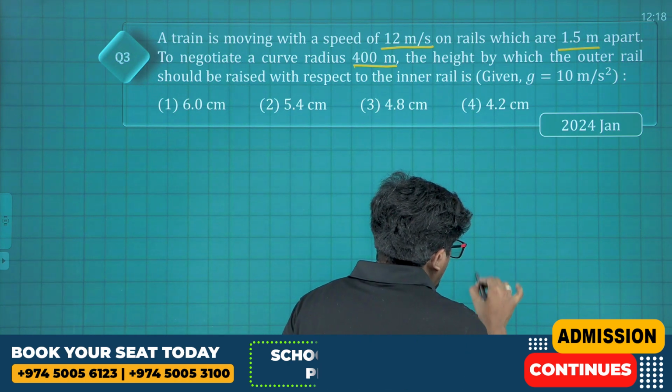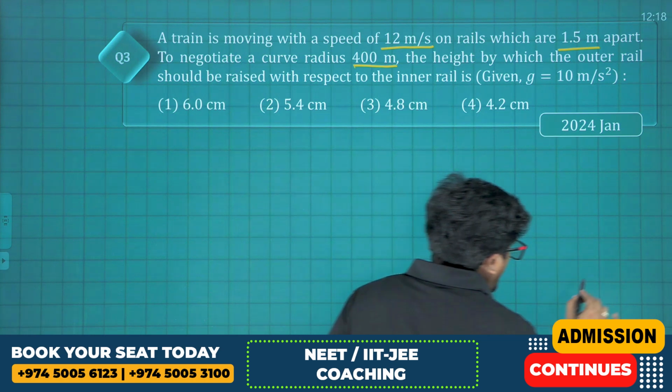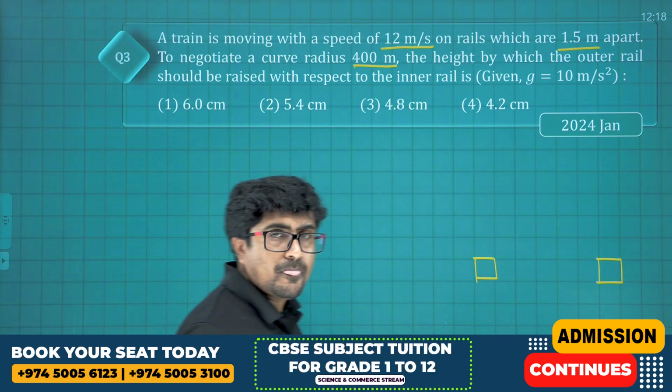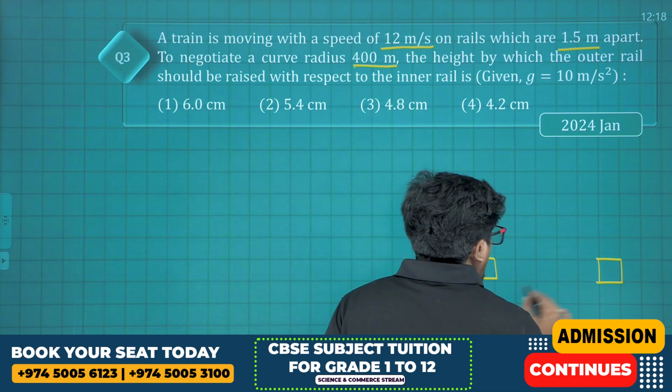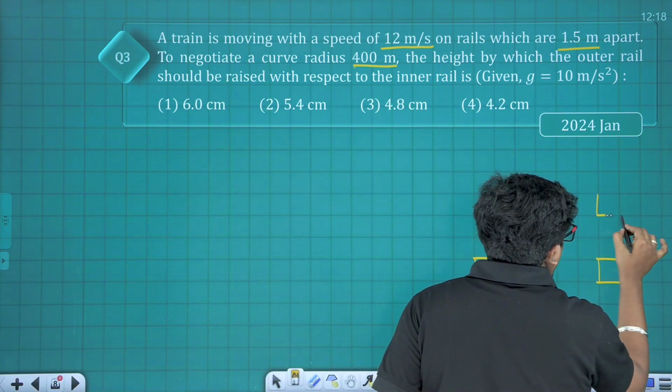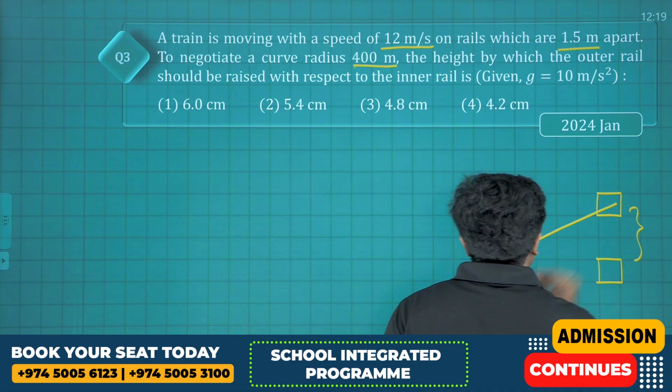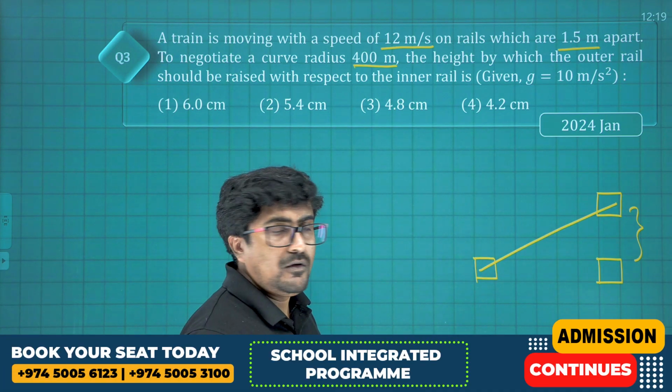So, here this is rail track 1 and here this is track 2. Alright. Now, we need to raise the outer rail through a height h. Now, this is going to be the new inclination. Okay.